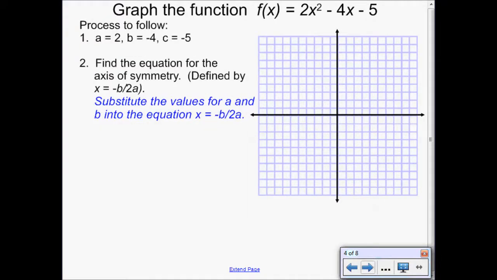The next step is to find the axis of symmetry. And the axis of symmetry is defined by the equation x equals negative b over 2a. We've already identified our a as 2 and our b as negative 4, so we're going to substitute those values in.